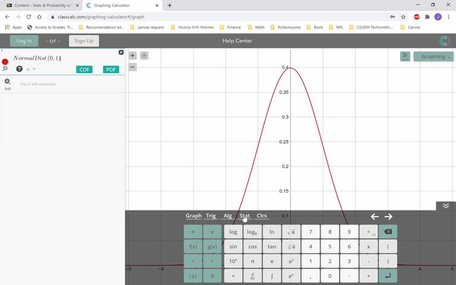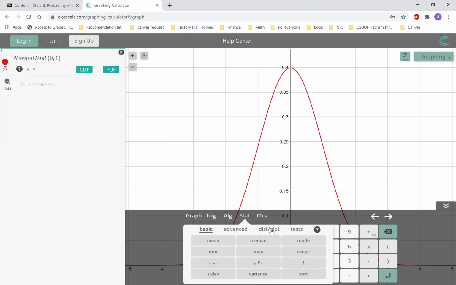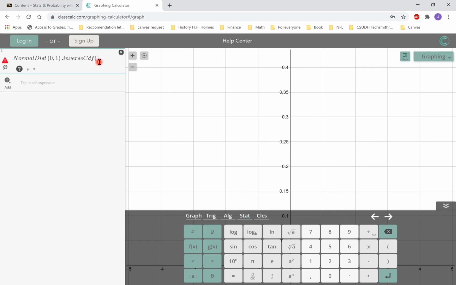Once you put normal distribution, mean of 0, standard deviation of 1, the next step is to go to stats, go to distribution. If you look right here, you see how it says inverse CDF? Now you want to select inverse CDF. For inverse CDF, all it's asking is, what is the probability to the left?